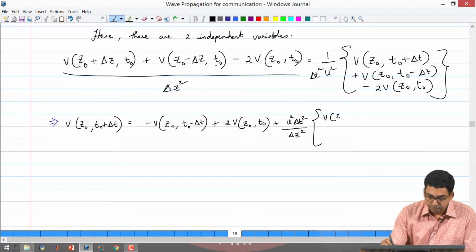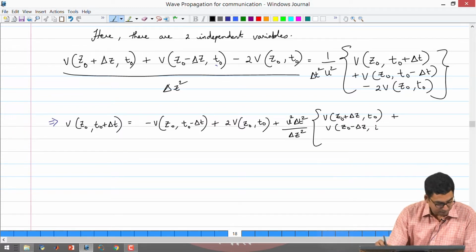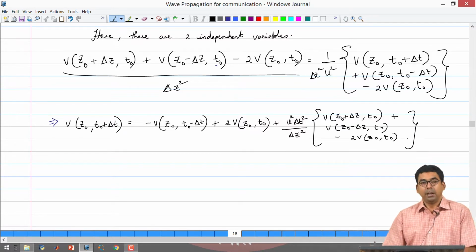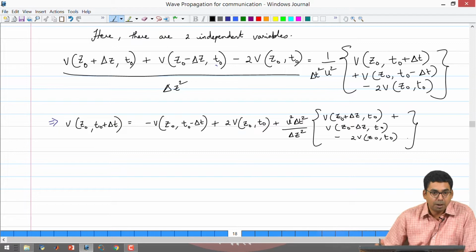So you have V of Z naught plus delta Z comma T naught plus V of Z naught minus delta Z comma T naught minus 2V. This is what the rearrangement looks like.